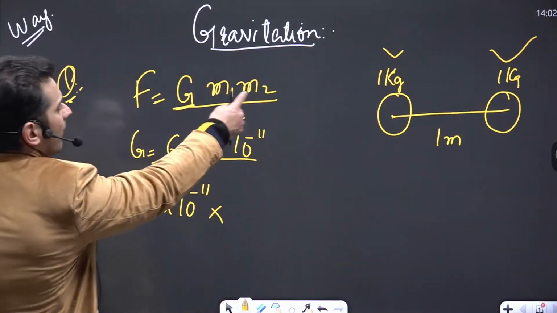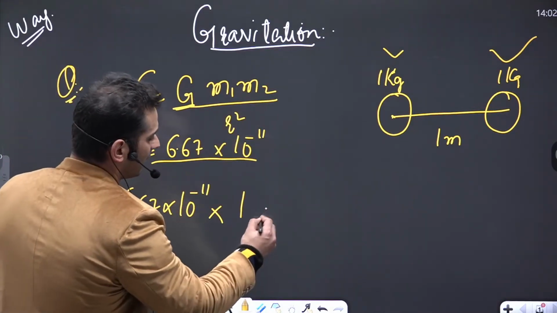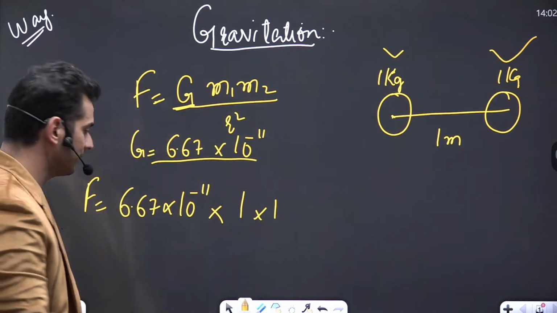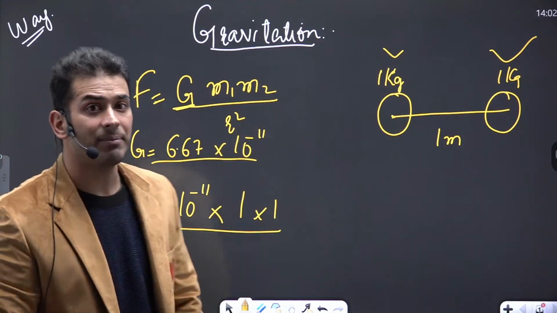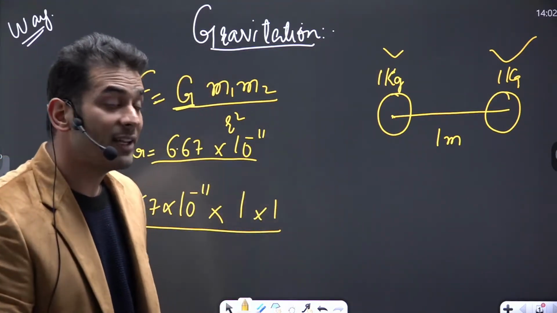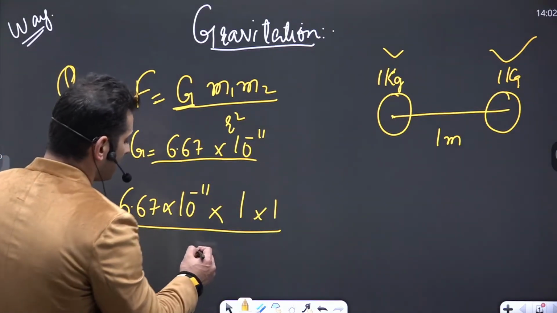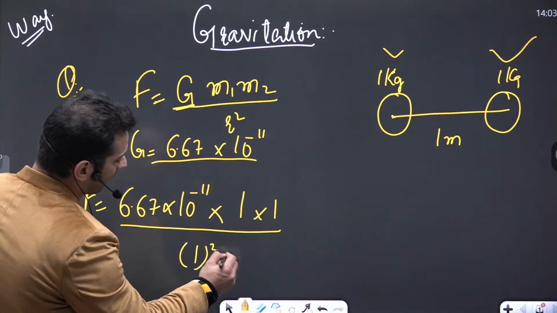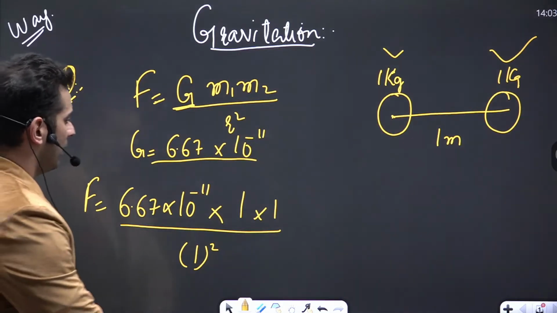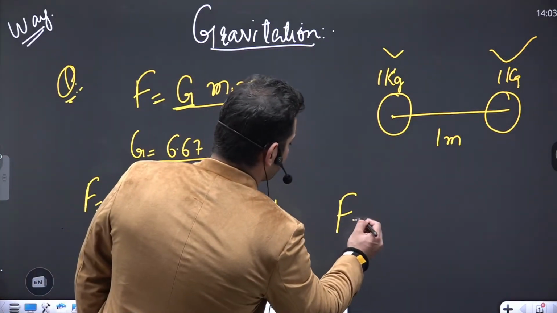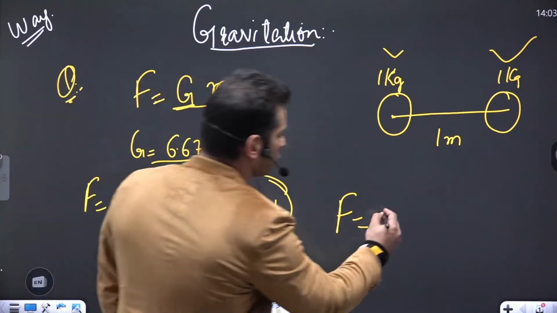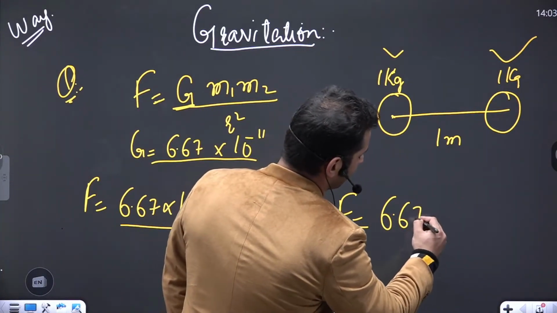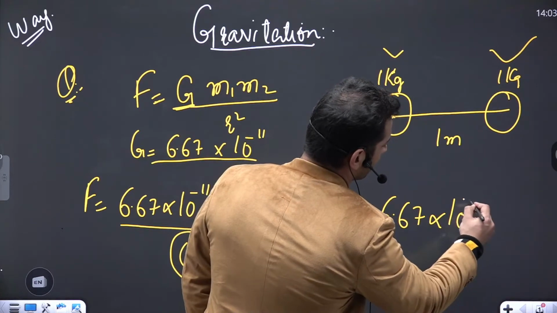We'll put the values of m1 and m2 as 1 and 1, divided by r square. What's the distance between them? It's 1 meter, that means the square of 1. Fine beta? The force will come out to be 6.67 into 10 raised to power minus 11.